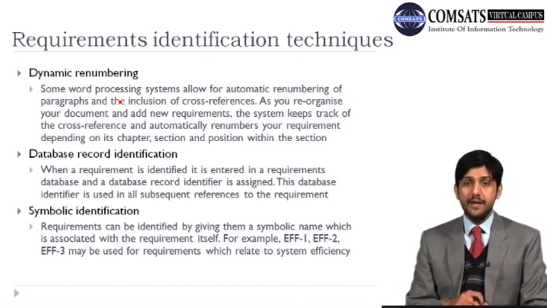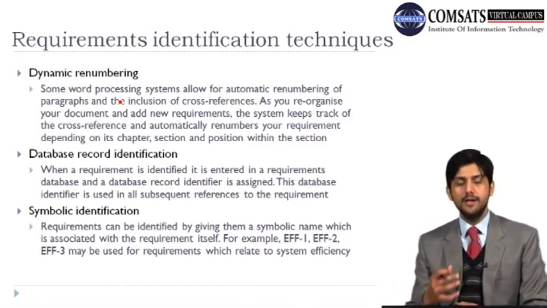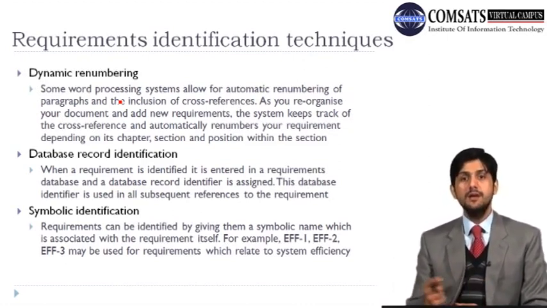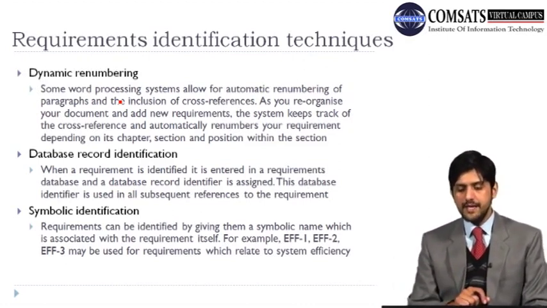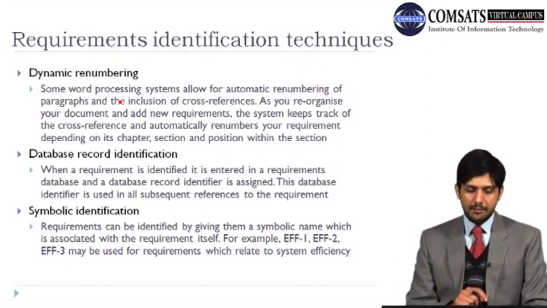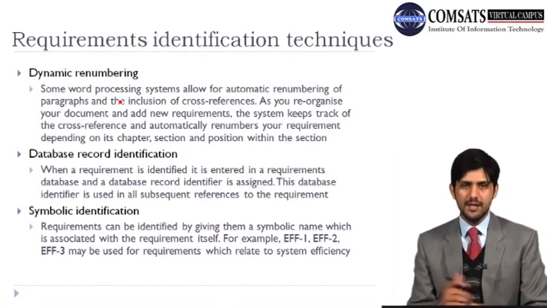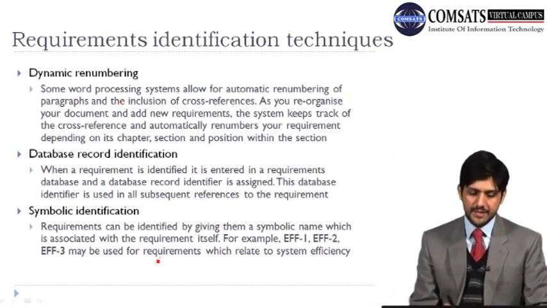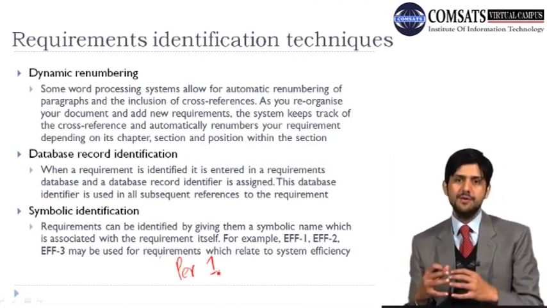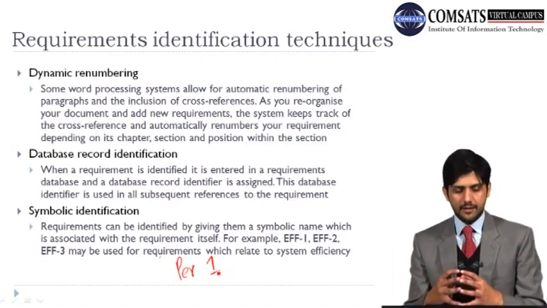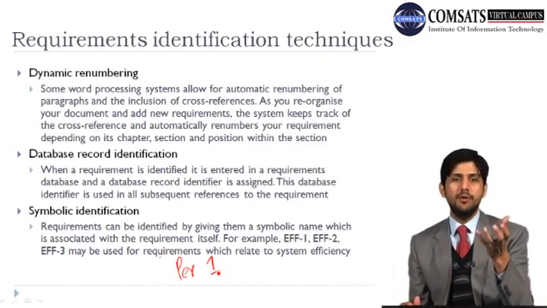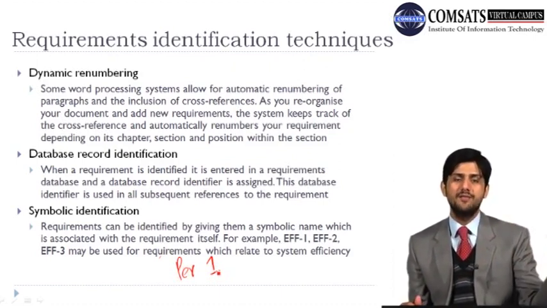Requirements can be identified by giving them a symbolic name which is associated with the requirement itself. For example, EFF1, EFF2 may be used for requirements which relate to system efficiency. All the performance requirements can be mentioned as PER1, PER2, and so on. What we are saying is that we give some symbolic meaning to each requirement identifier.